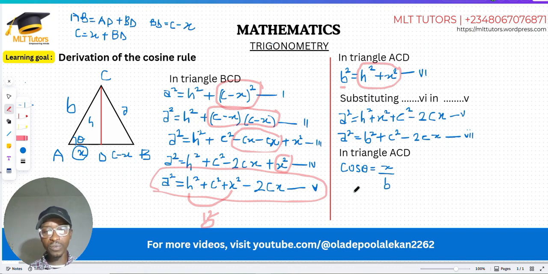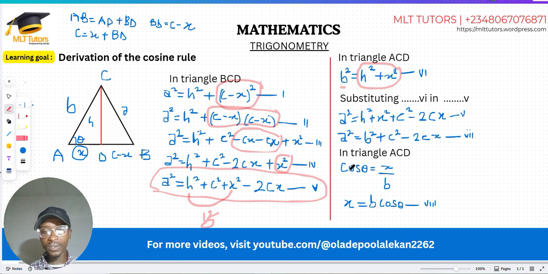So if we make x the subject here, then x will be equal to b cos theta. And let's call this equation 8. And we are almost there.